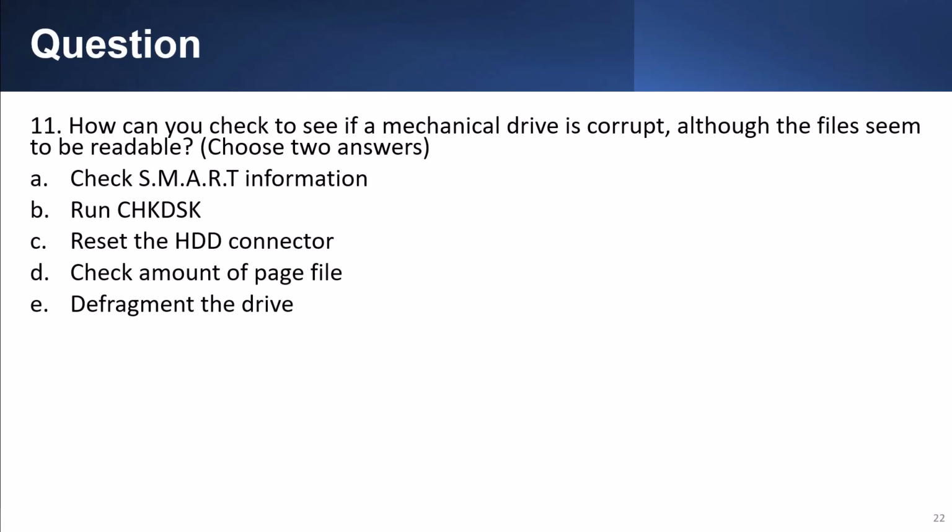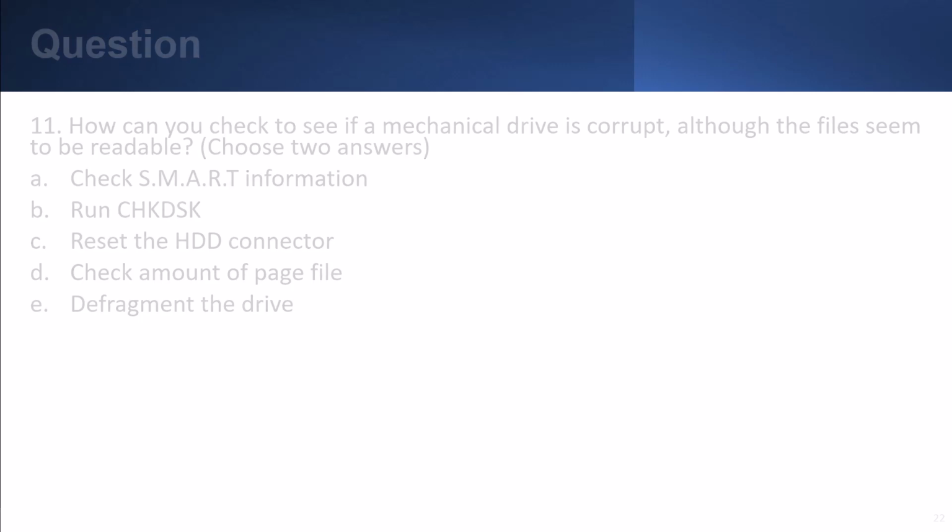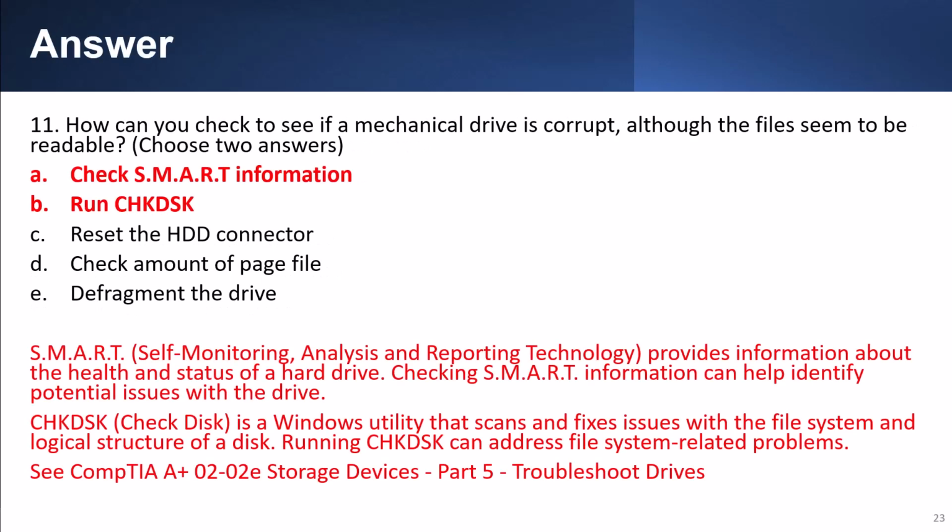Question 11. How can you check to see if a mechanical drive is corrupt, although the files seem to be readable? Choose two answers. Answer: check SMART information, run check disk.